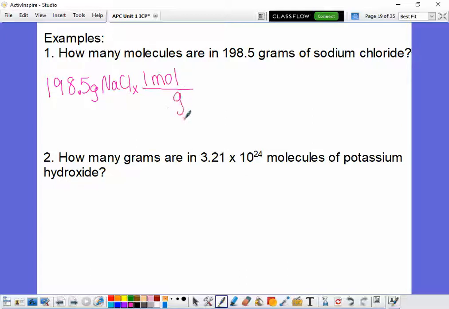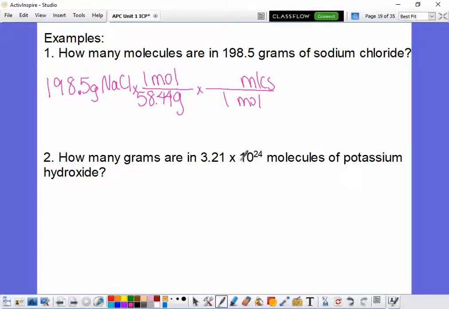So in order to convert this to moles, what information do we need? The molar mass. And how do you find the molar mass of sodium chloride? You use the periodic table, which I haven't put back up on the wall yet. What do you get as sodium chloride's molar mass? 58.44. Good. And then we're at moles, so we can go to molecules.